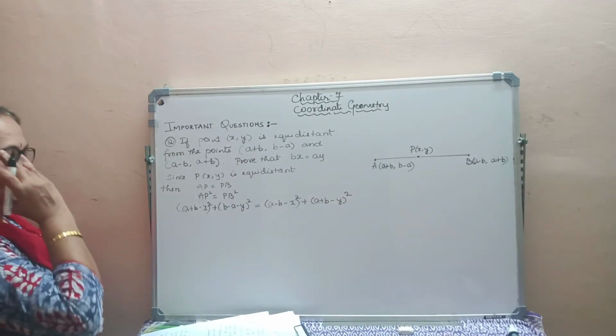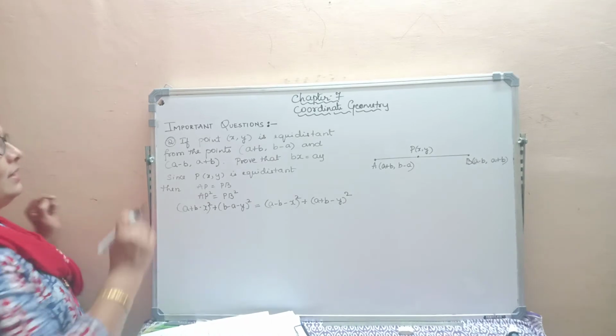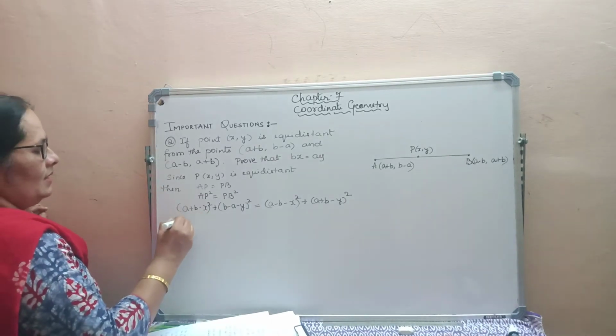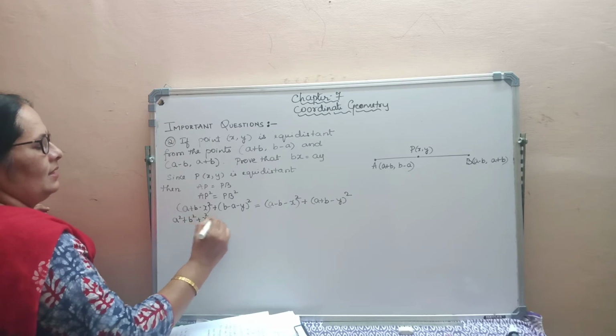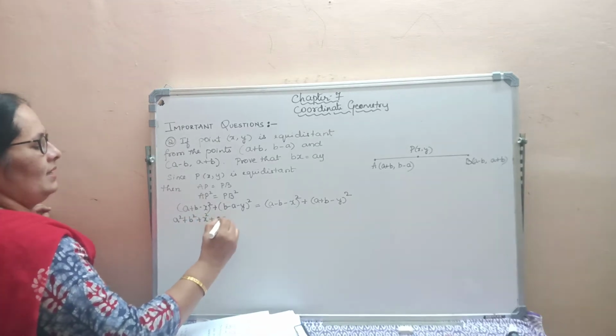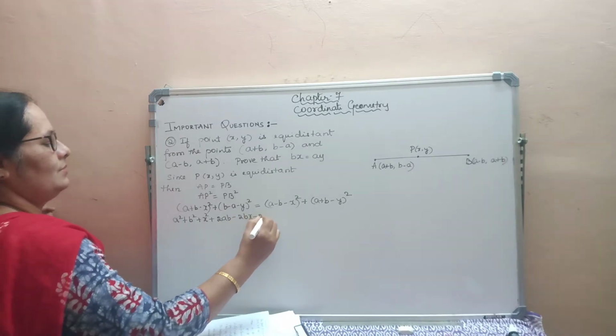Now again use the identity a plus b plus c whole square. So which is a square plus b square plus c square plus 2ab minus 2bx minus 2ax.